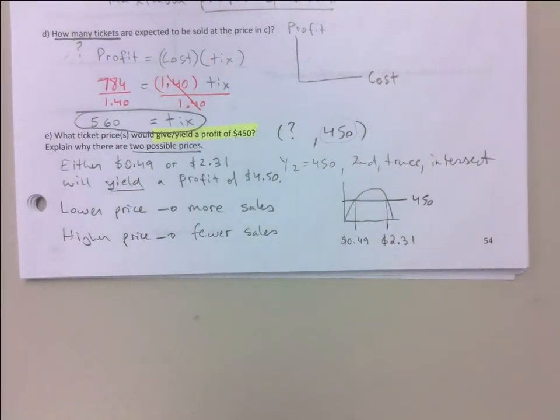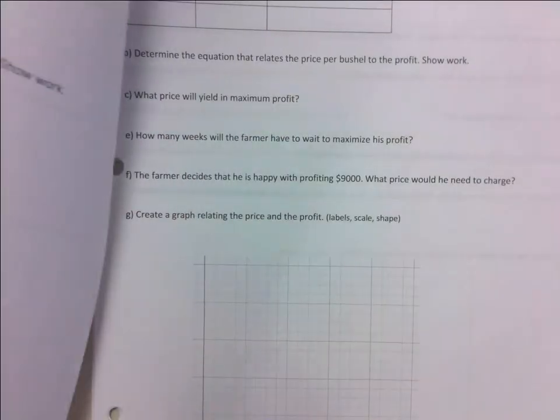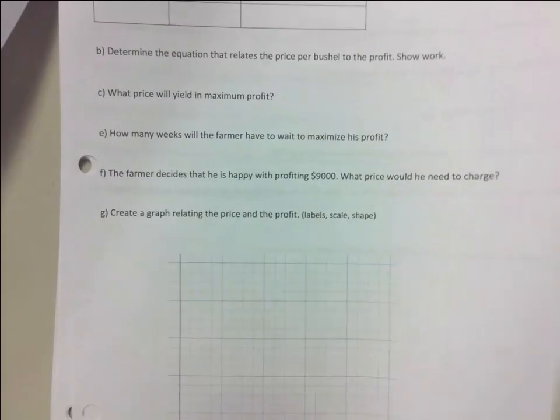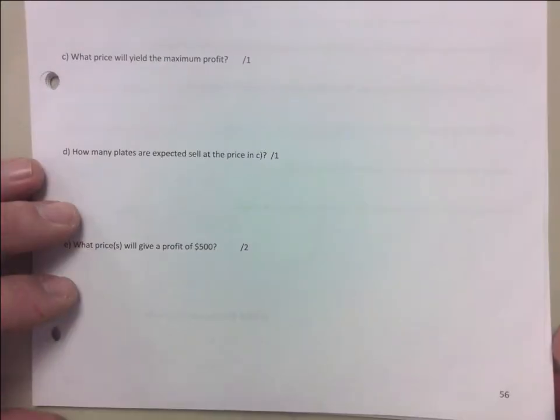And so we're going to stop there. I'm going to ask you to try pages 56 to 57. Let me just double check here to make sure. 56. I'm going to say 56 to 58, but I'm going to give you a bit of a deal here.